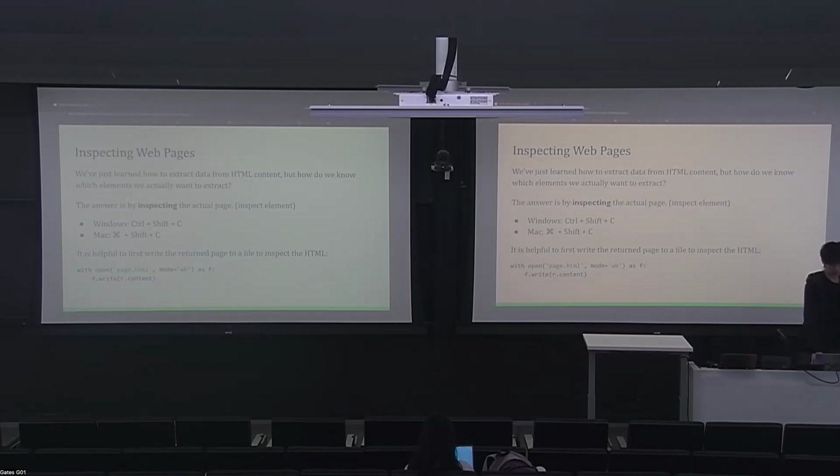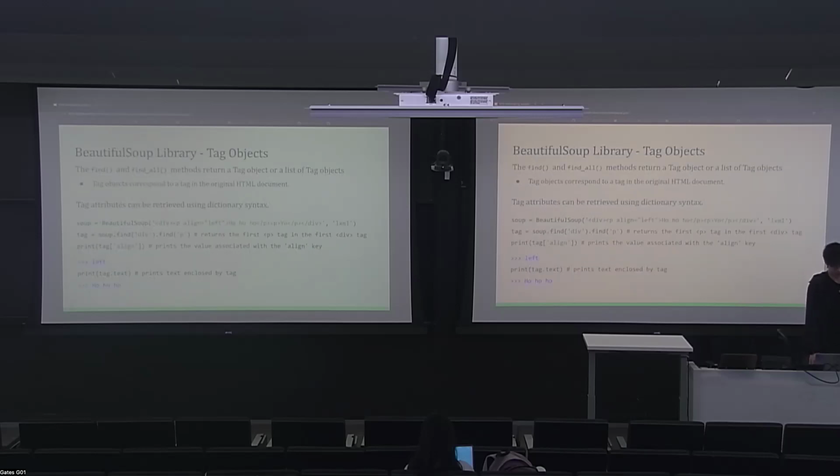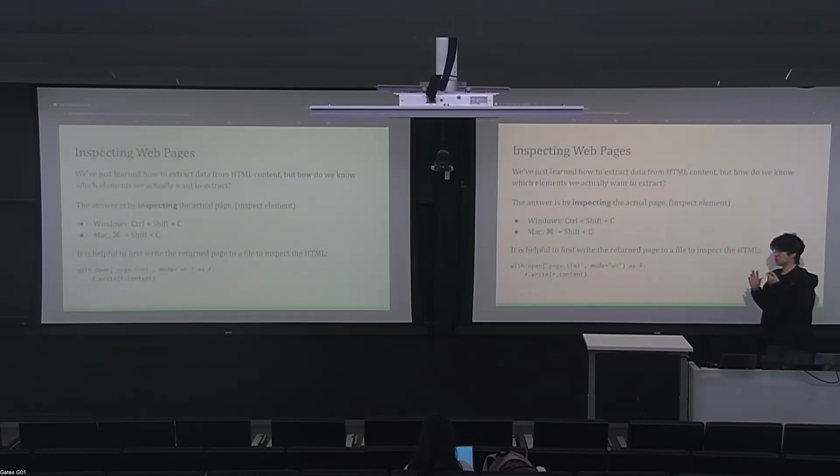After we've covered Beautiful Soup, usually when we go to our browser and type in google.com, the browser will automatically render the web page for us. But what if we want the code? What if we want the HTML code behind it?